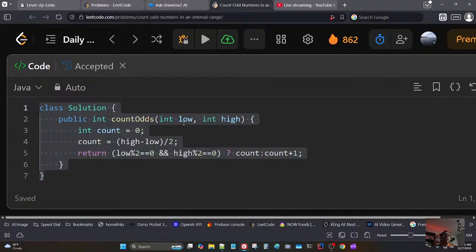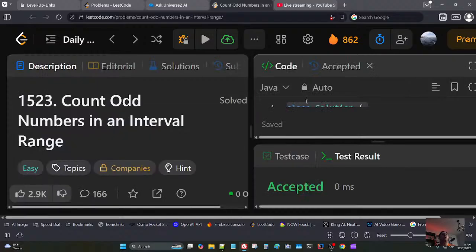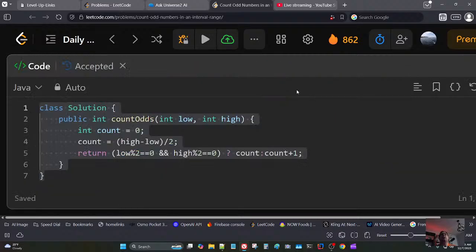And just mathematically speaking, if the low and high are both even, then the range subtracted divided by 2 is the correct number of odds. But if low or high are odd, or both of them, then you have to add 1 to count, to divide by 2. Okay, yeah, guess that's it for tonight.